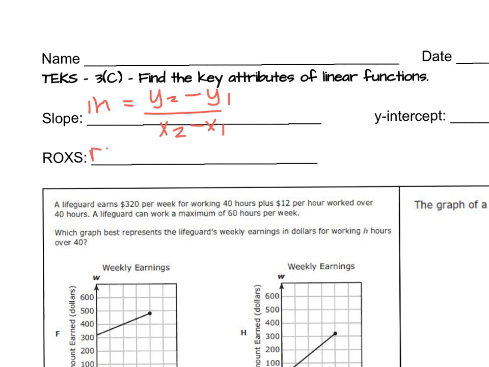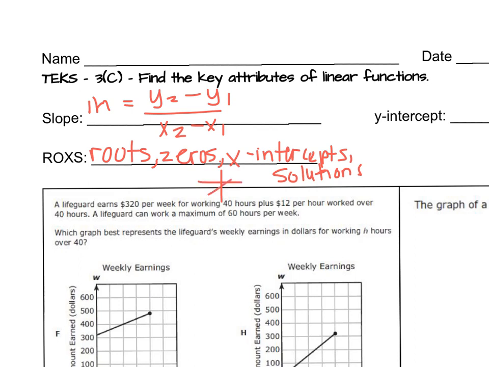Roots, remember that's roots, zeros, x-intercepts, and solutions. All of those words mean the same thing. All of those words mean where does the line cross the x-axis?